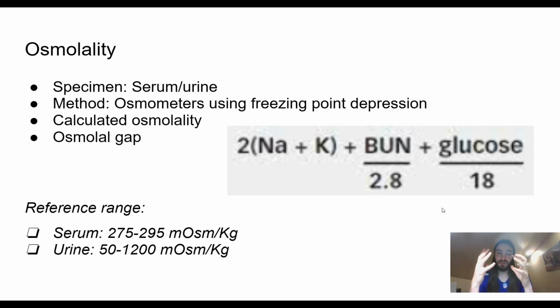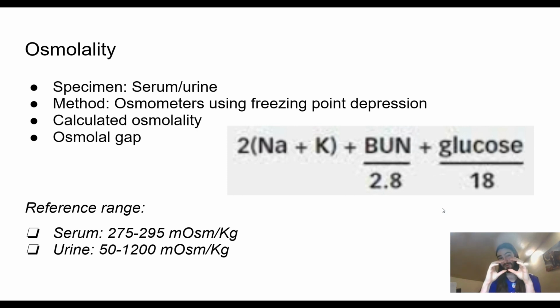So they will literally take a small amount of sample, freeze it, and measure at what temperature it froze, and then based on a couple of controls, that measures how much solute there is. Then they can use the measured value of osmolality with the calculated value to calculate an osmolality gap.